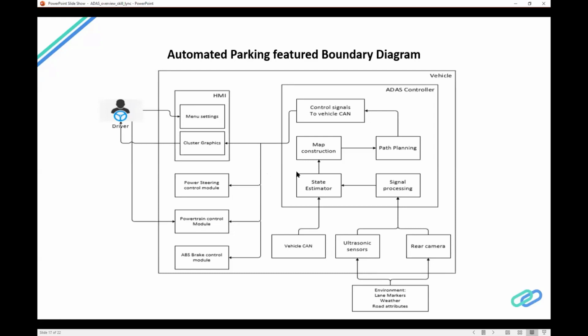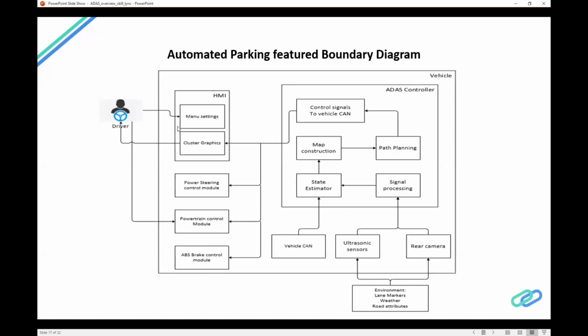Sometimes in some systems, the ADAS controller will give the input to the powertrain, or sometimes the driver will have to give the control to the powertrain. And finally, there is the brake controls. Suppose there is another target behind the vehicle, then the brakes will be applied to avoid any kind of collision. And this is the overall closed loop system.